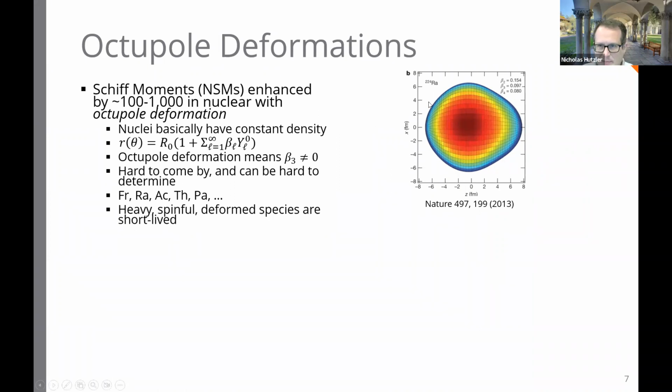If you take the shape of the surface and expand it in spherical harmonics, an octupole deformation means that this beta 3 term, the third order spherical harmonic contribution, is not zero. Quadrupole deformation refers to beta 2, and I'll talk about that later. But octupole deformation means that the nucleus is shaped sort of like this.